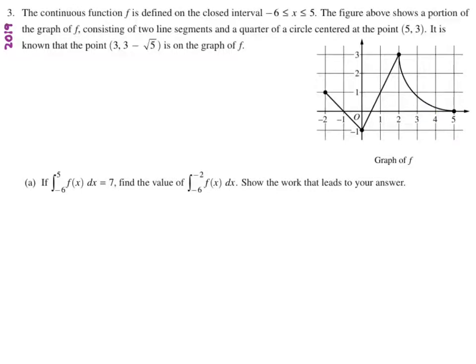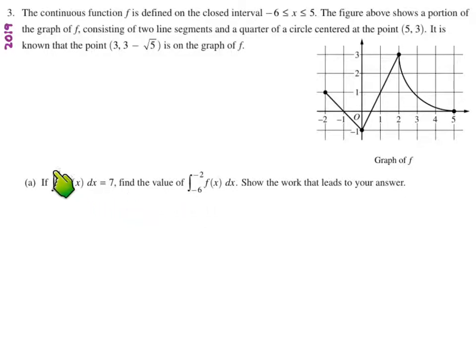For part A, it says if the integral from -6 to 5 of f of x dx is 7, find the value of the integral from -6 to -2 of f of x dx. Well, at first glance, what I notice is that the lower bounds match.